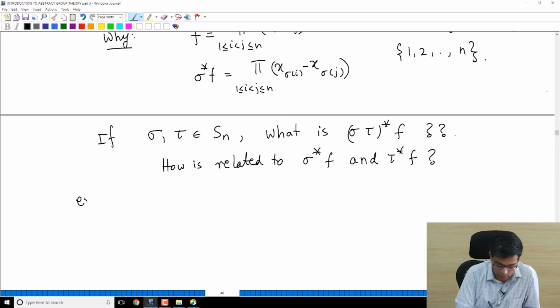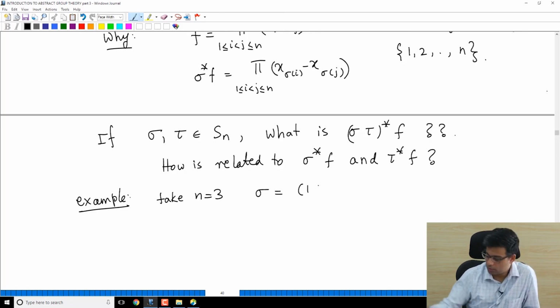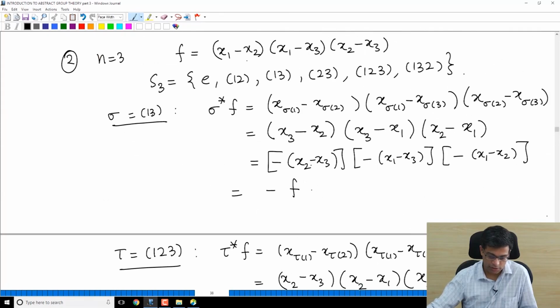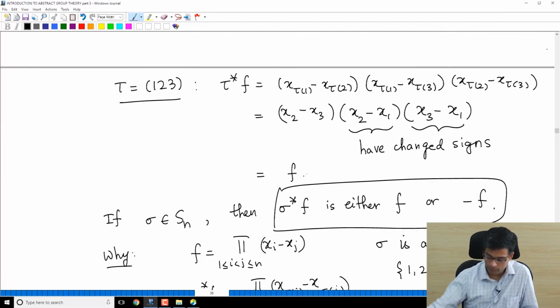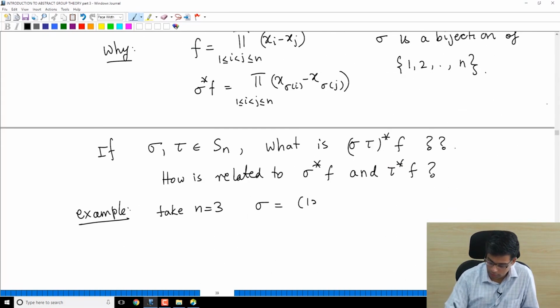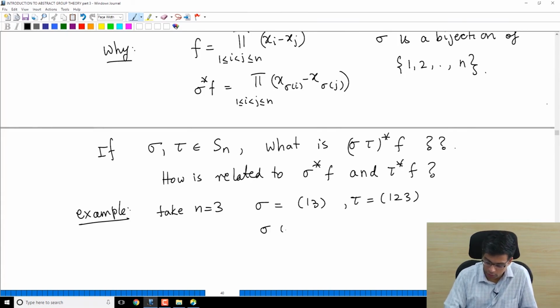So again, I will explain this by the example that we did. Take n equal to 3, and let's say sigma was 1 3 and tau was 1 2 3. So what is sigma tau?